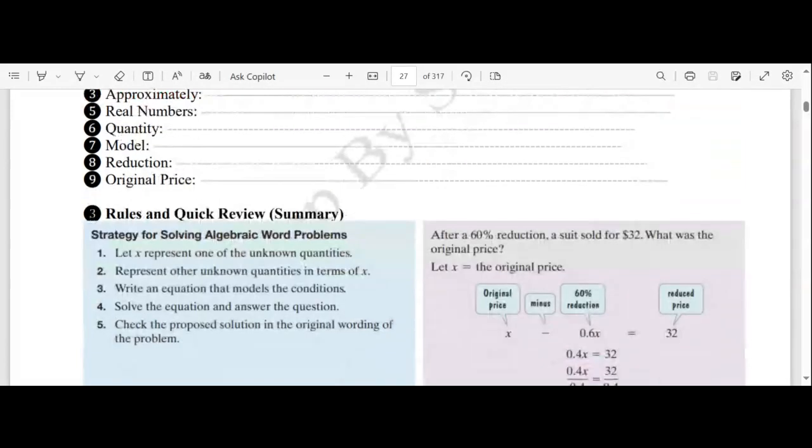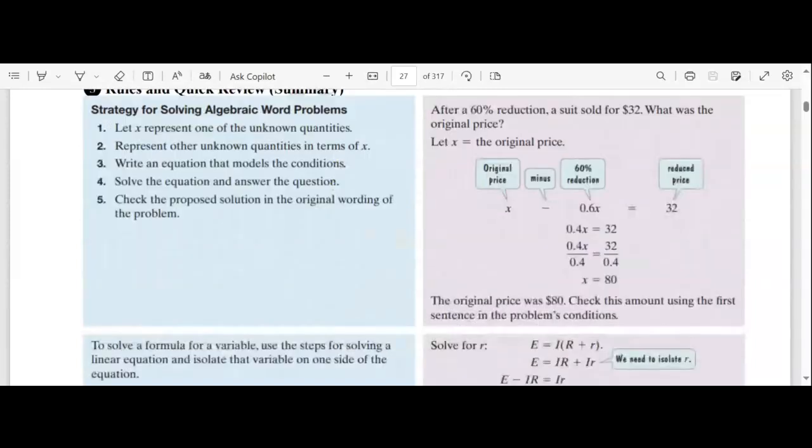After a 60% reduction, a suit sold for $32. What was the original price? So reduction, what does reduction mean? Reduce.